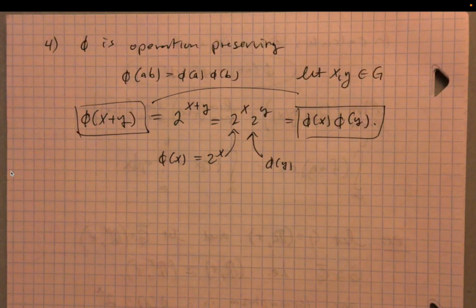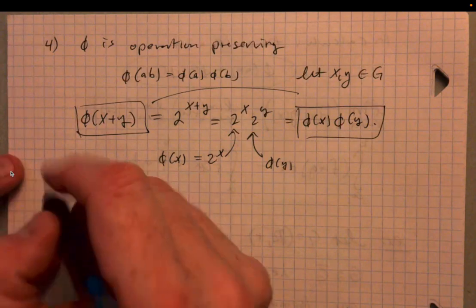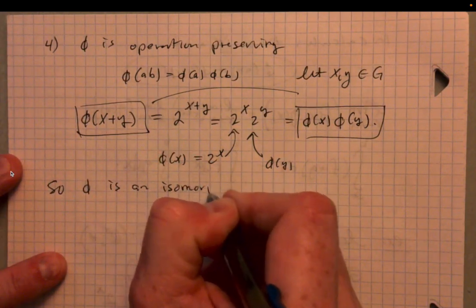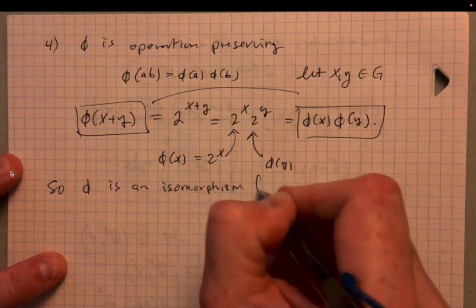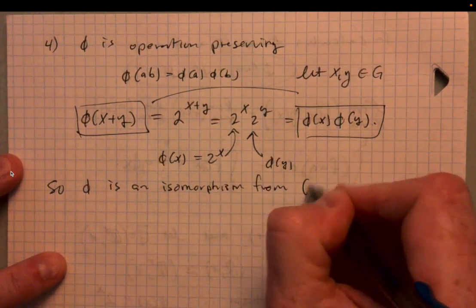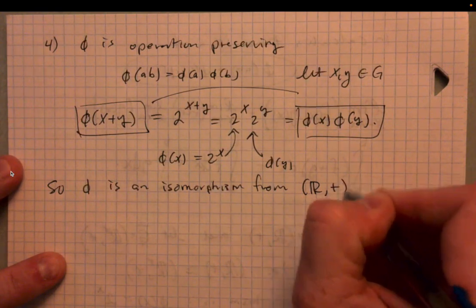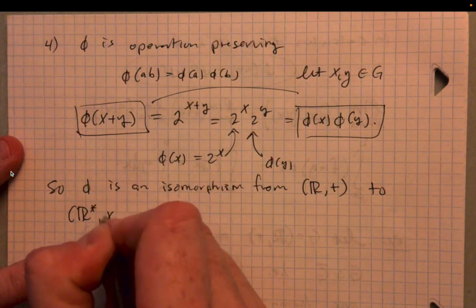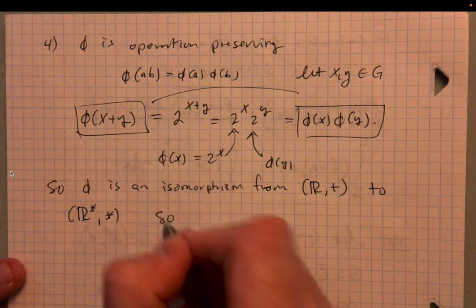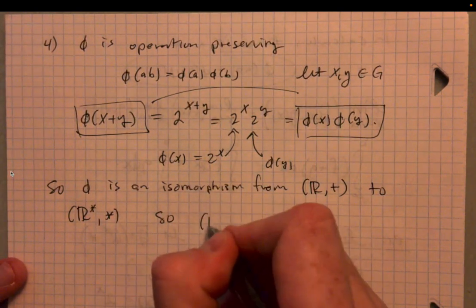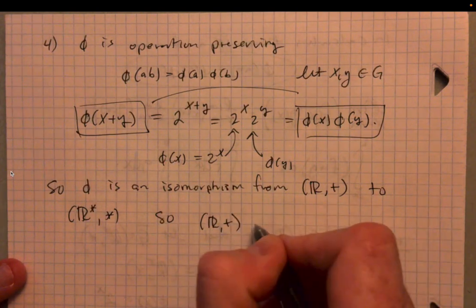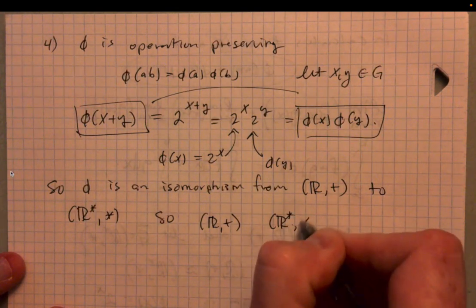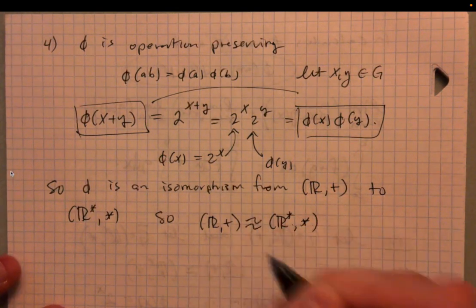And that being the case, we've shown that phi is an isomorphism from R under addition to R star under multiplication. So the implication is that those two groups, R plus and R star under multiplication, are isomorphic.